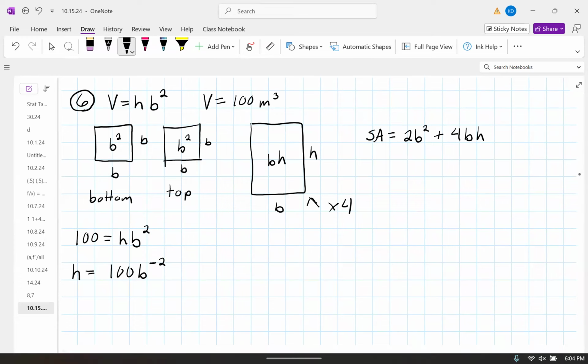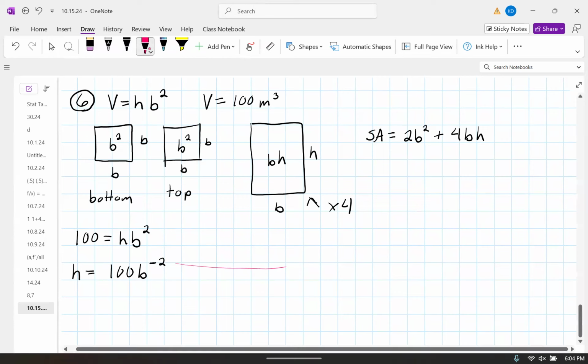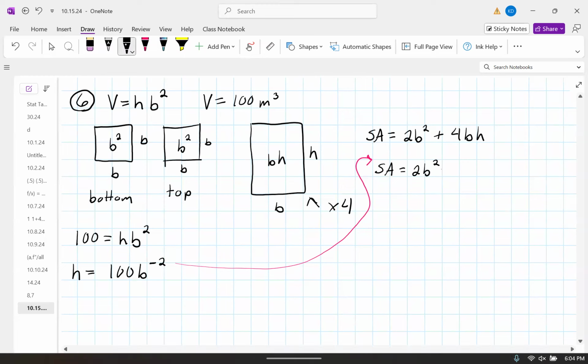Plug that in over here. So my surface area is 2B squared plus 400 B to the -1. We all see why that's B to the -1.